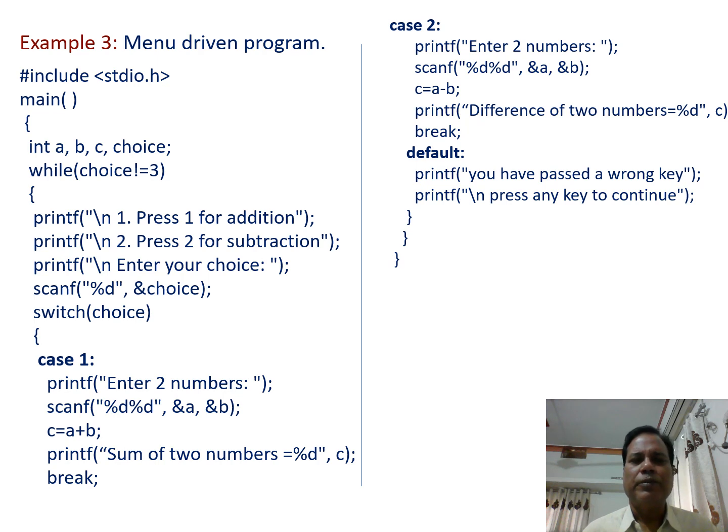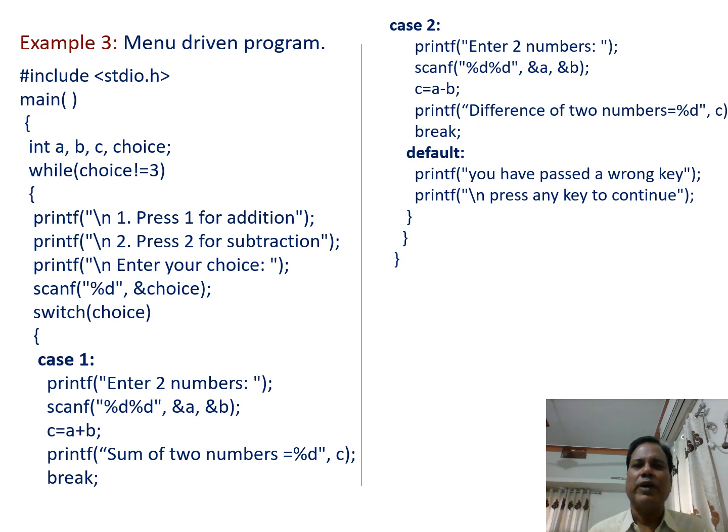In this program, int a, b, c, choice declares four integer variables. The next statement is the while statement. This while loop keeps the program running on the output screen, whereby we can select choice 1 for addition of two numbers or choice 2 for subtraction of one number from another number.